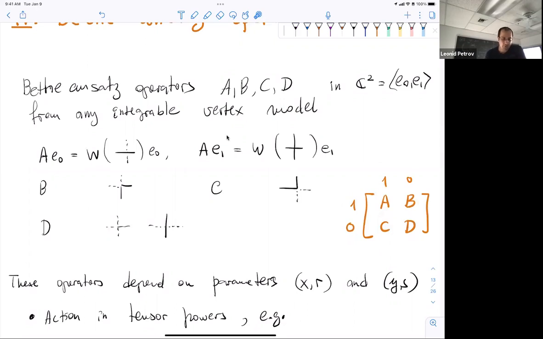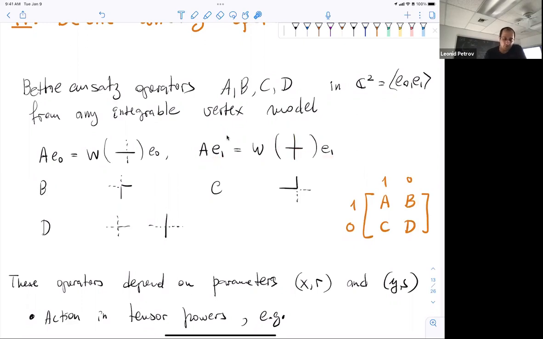And so A E0 is going to be diagonal in E0 times the weight of this configuration. So A corresponds to 1,1 in the horizontal direction. And then A E1 is going to be the weight of the fully packed configuration times E1.